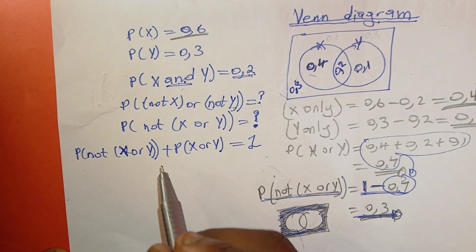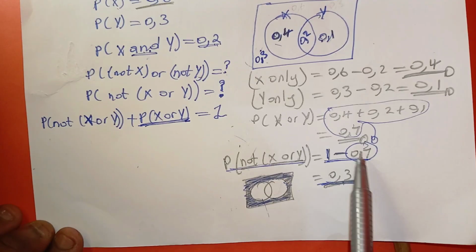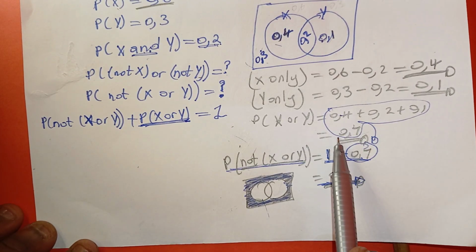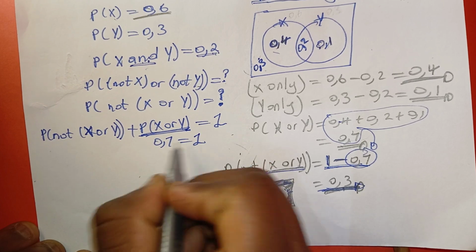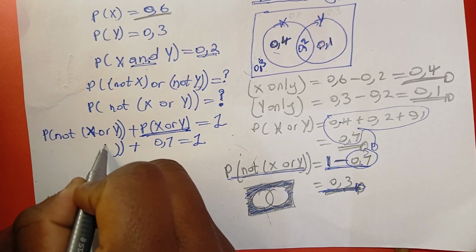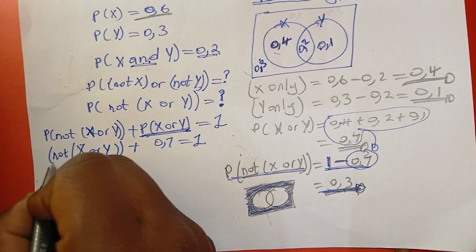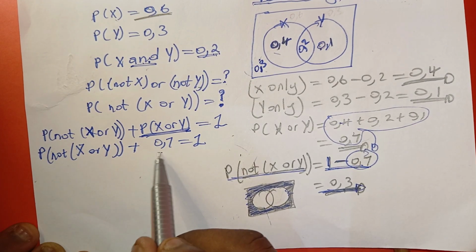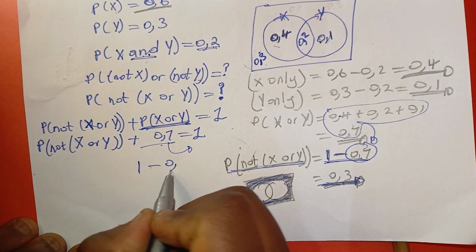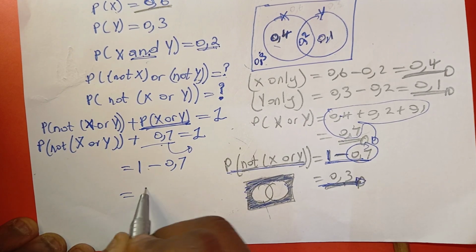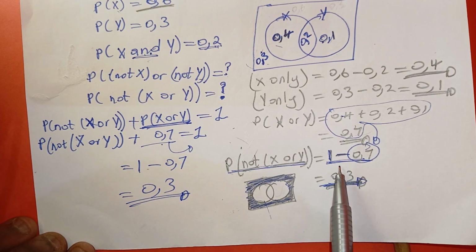And now when I substitute, I already know that when I add it all, I get 0,7, so 0,7 plus the probability of not x or y equals 1. So I take this number to the other side, it changes sign, becomes minus 0,7, which gives me 0,3, which I already got from A.